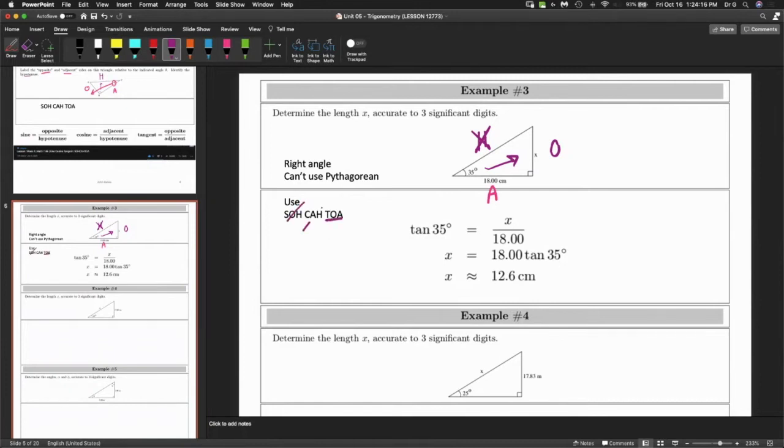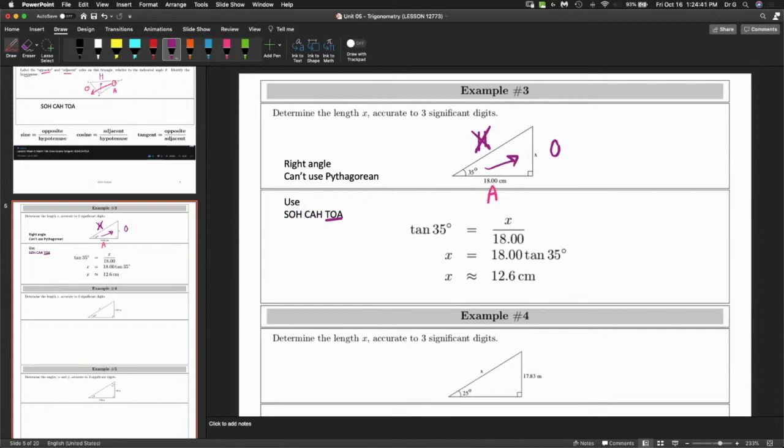So you have to decide which one it is of the three. You could write down SOHCAHTOA on your sheet. I know some people in the chat have already answered the question, but please allow me for the first couple to go really slow. So you want to use this one because you have O and A, and we don't care about H. You don't care about H, so you throw away the ones that have an H in them. See the H here? You don't want to use them.